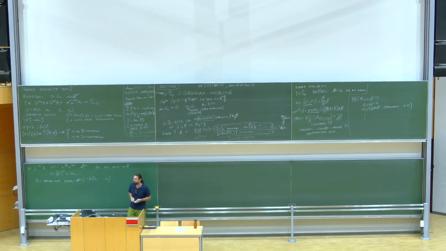What could be B invariant ideals? So it turns out that these are precisely the monomial ideals.